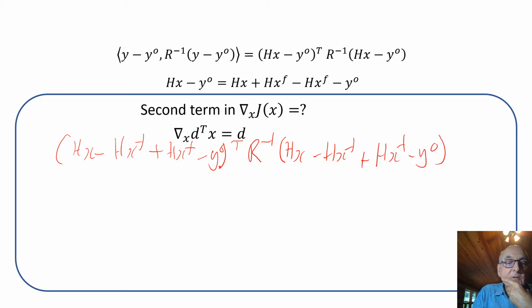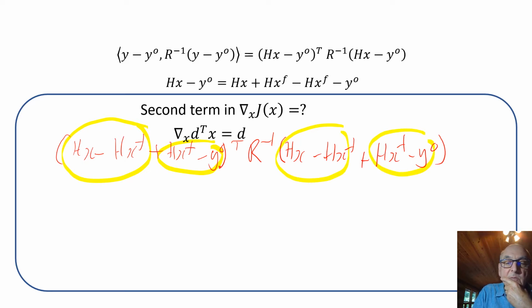So now we're going to think of this vector as divided into 2 pieces, this piece and this piece. And over here we have this piece and this piece, and then we multiply it through, and this will give us 4 different pieces.